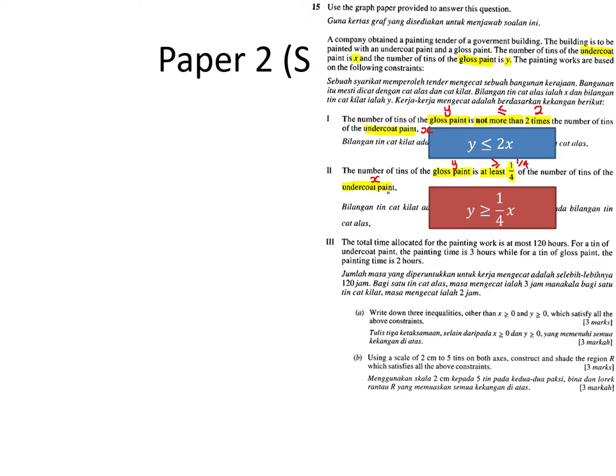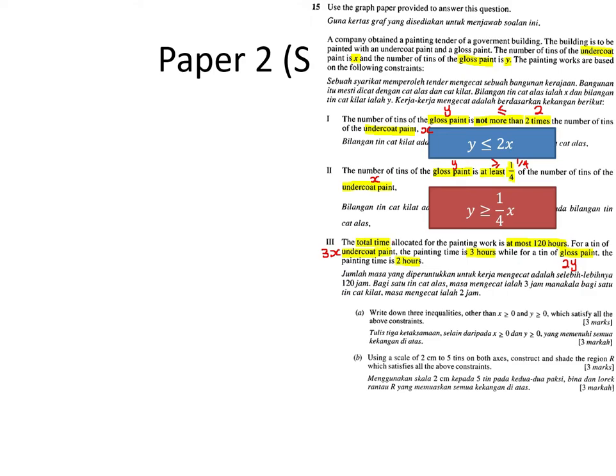The third constraint here, the total time allocated for the painting work. Now the question is not talking about the number, but the time. At most 120 hours. The number of undercoat paint tins is X, right? And the painting time is 3 hours, so can we understand this as 3 times X? Same thing for the gloss paint, Y. 1 tin of gloss paint will spend 2 hours, so 2 hours will multiply with the number of tins of gloss paint.